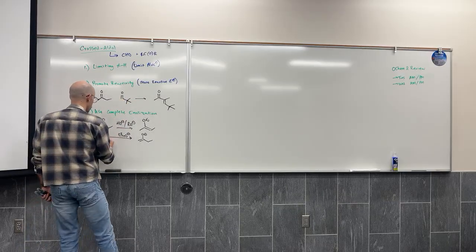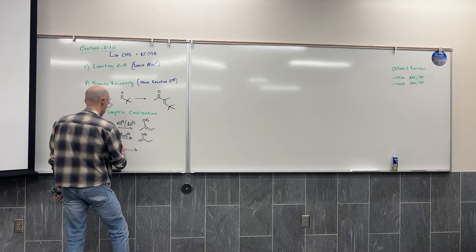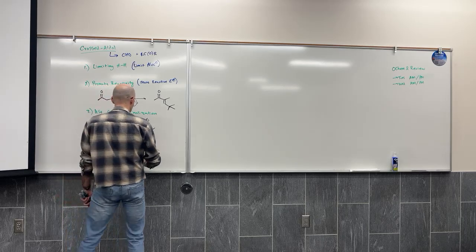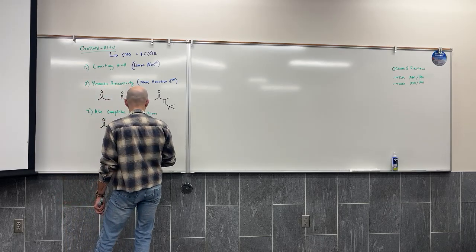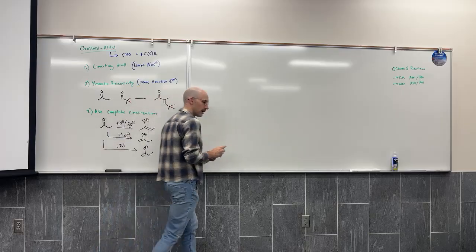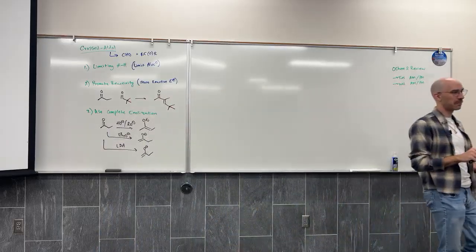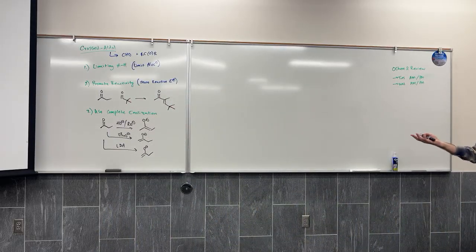So what do we use for complete enolization? We use LDA. And it's true that LDA is still a kinetic base. So if there is regiochemistry, like on this ketone, it still chooses the least substituted side. Aldehydes and esters don't have that regiochemistry issue.